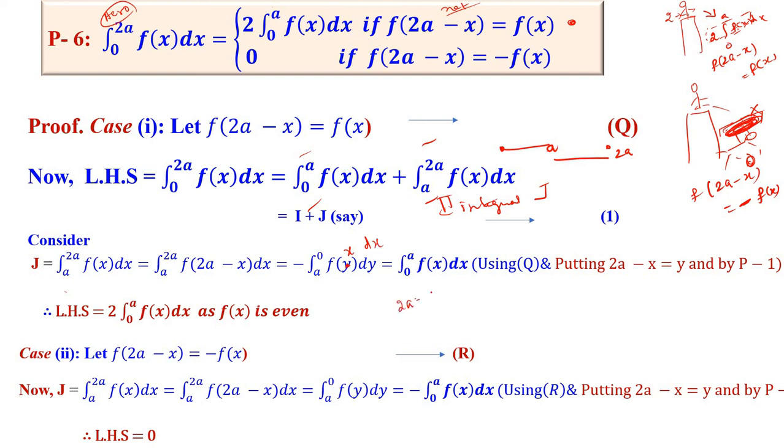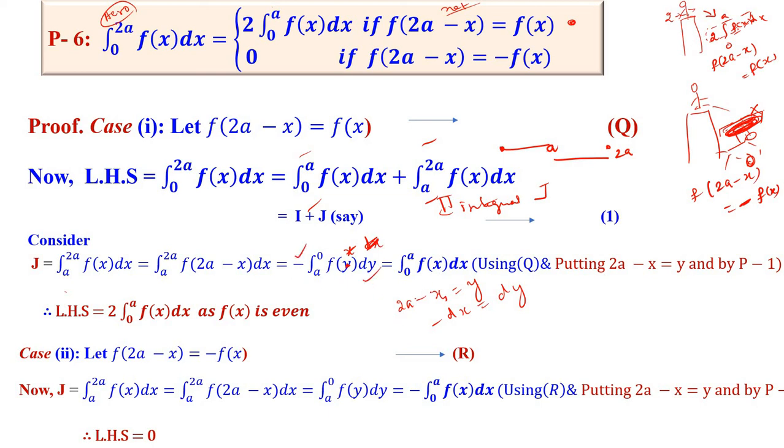When we consider 2a minus x as, say, y, then minus dx will be equal to dy. So we can retain this as such, so that this minus sign we can account for.